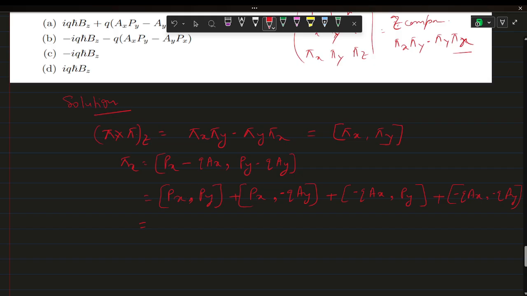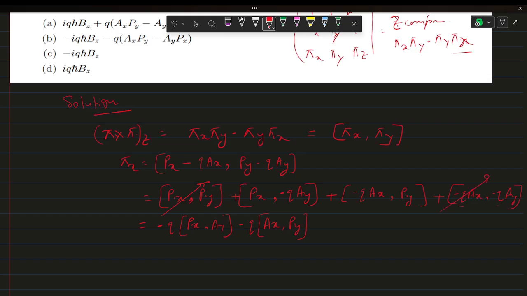So px py, these commute, so this is 0, and here minus q px ay minus q ax py. If we take q square outside, minus q and minus q, q square will be outside, and then ax and ay commute.